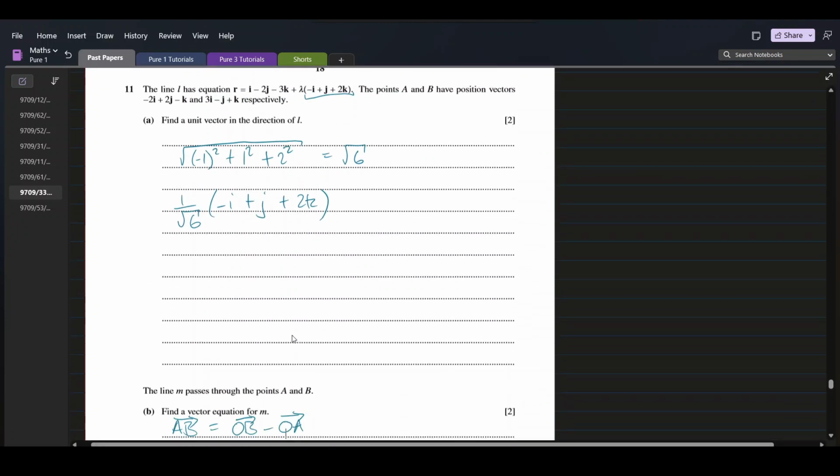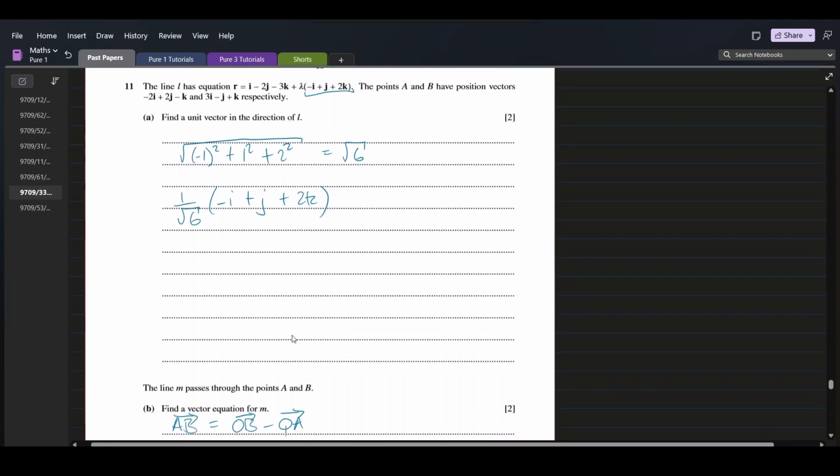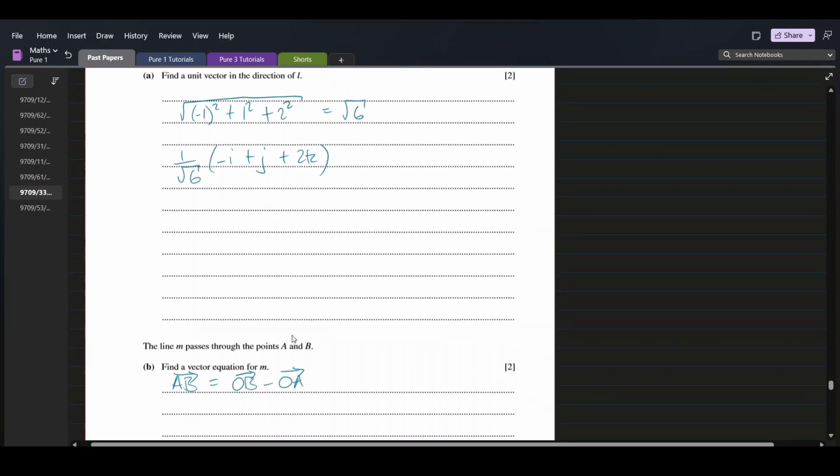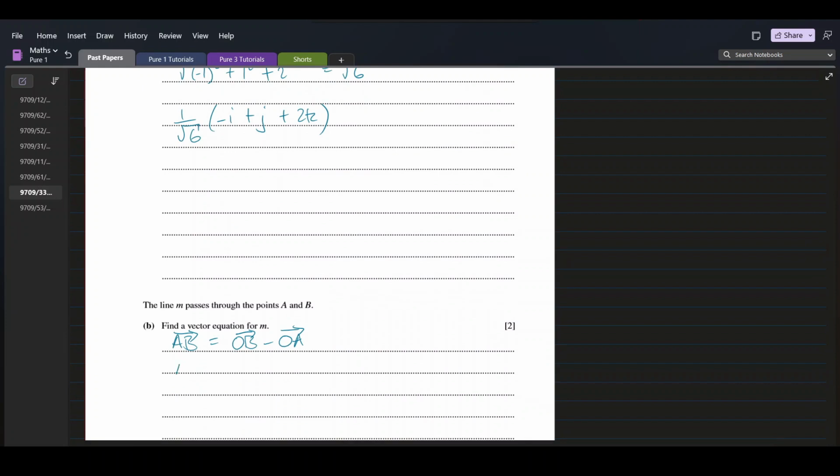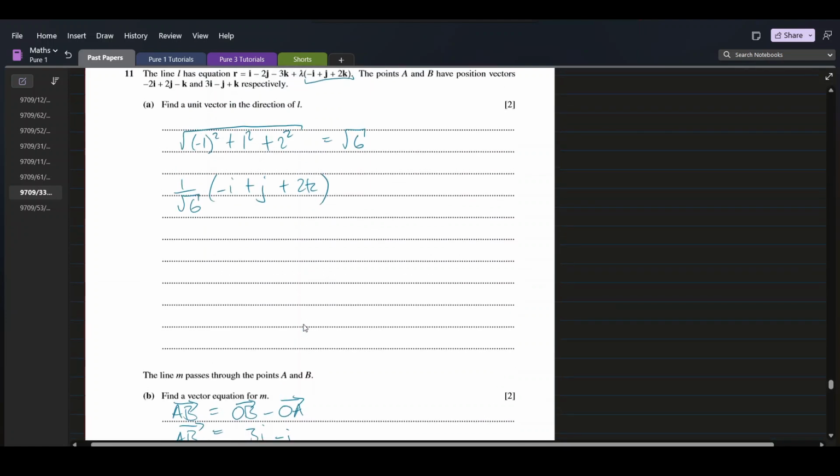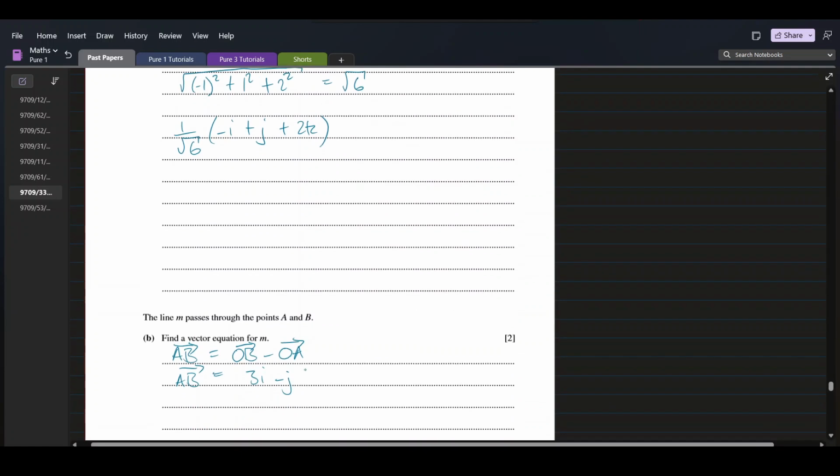And we are given that OB is 3i minus j plus k. So AB is equal to 3i minus j plus k minus OA.